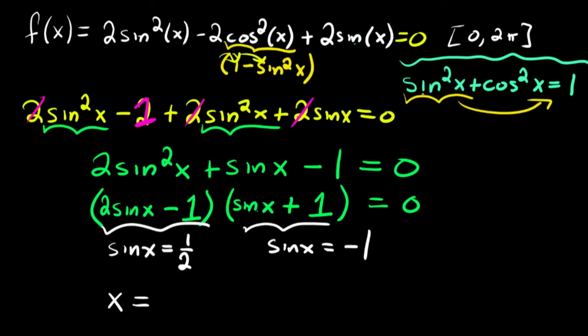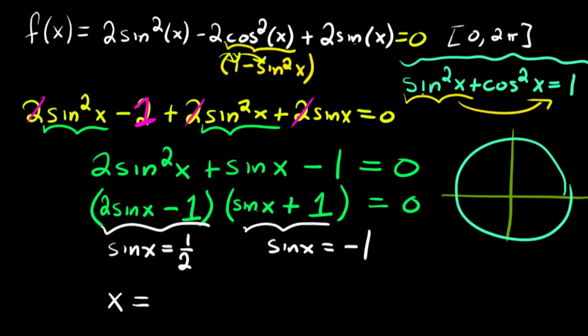Okay, so I can do that. Let me over here on the side do a little tiny version of the unit circle. Okay, so sine is equal to 1/2. I know that the reference angle is going to have to be pi over 6.